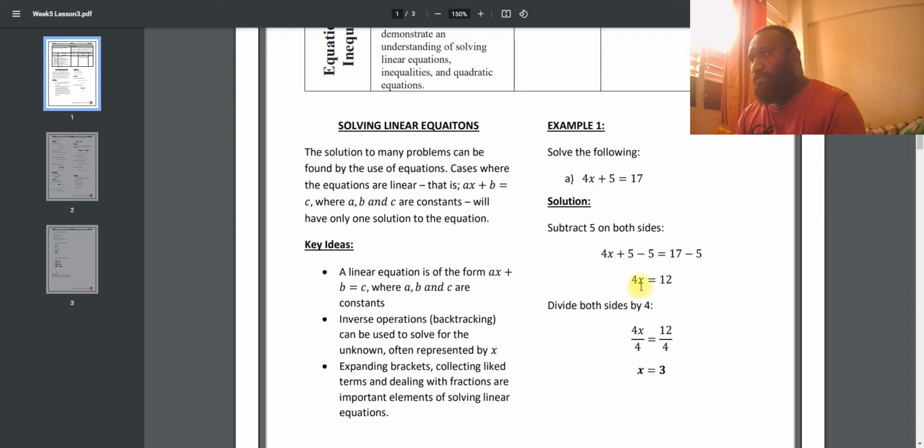Since 4 is multiplied with x, we divide both sides by 4. Dividing both sides by 4, we get rid of the 4, leaving us with x equals 12 divided by 4, which is 3. Now we have solved for x. X is equal to 3.